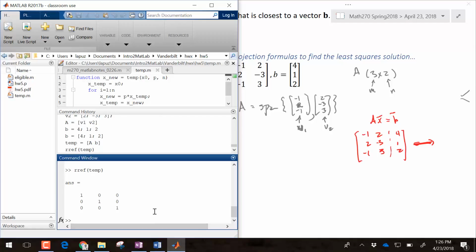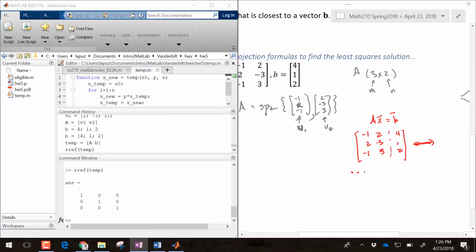you see it looks like the identity, right? If you look at this last row, we're solving for x1, x2 that would make this 0. We have an inconsistent system.